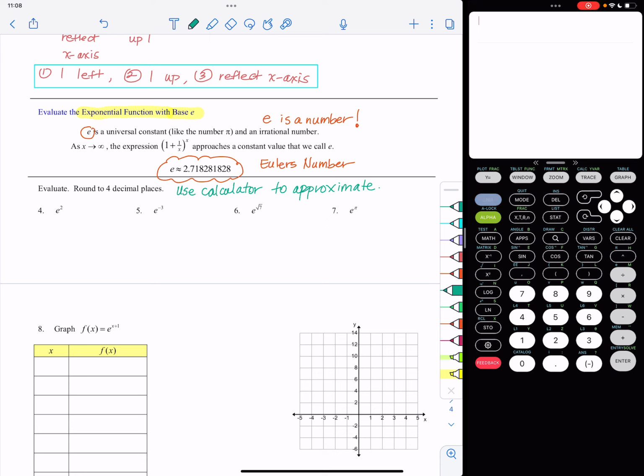So we can have second E and then press the squared button. Whoops. Let's start over. E squared. And E squared is approximately 7.3891. Okay, how about E to the negative 3?